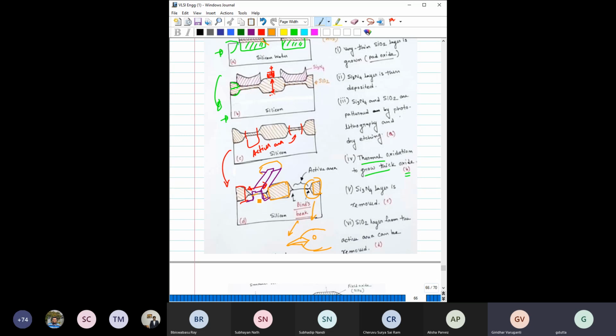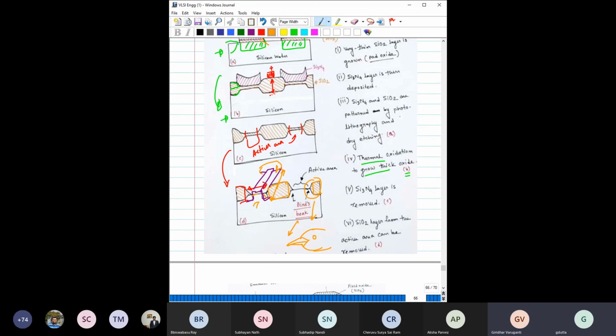Try to think in a 3D model. Then on this side also there will be bird beak, and on this side also. So suppose you made this width as 1 micron, effectively that width will reduce compared to that 1 micron because of this bird beak issue.